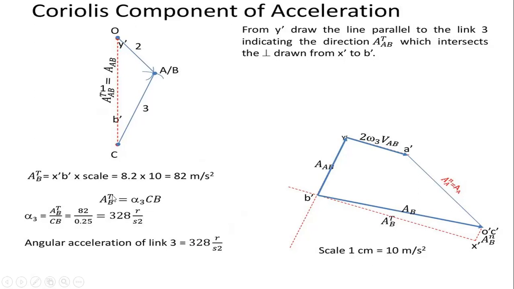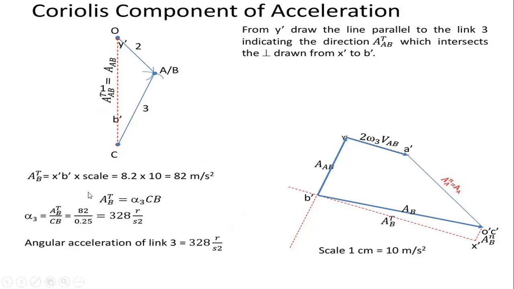The tangential acceleration of B equals the angular acceleration of the third link times CB. So the angular acceleration of the third link is the tangential acceleration of B divided by CB.